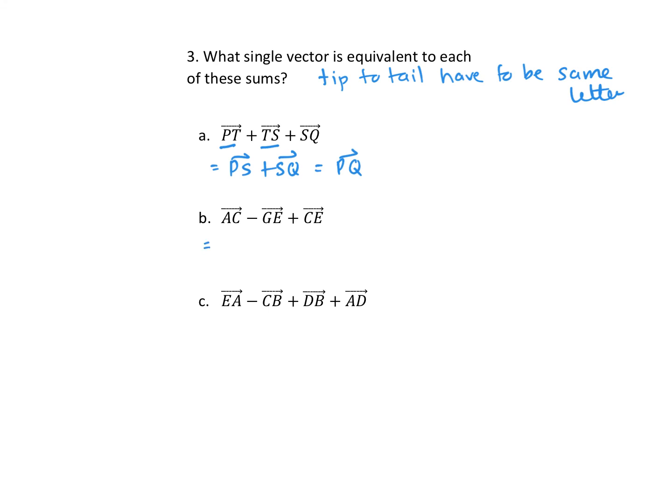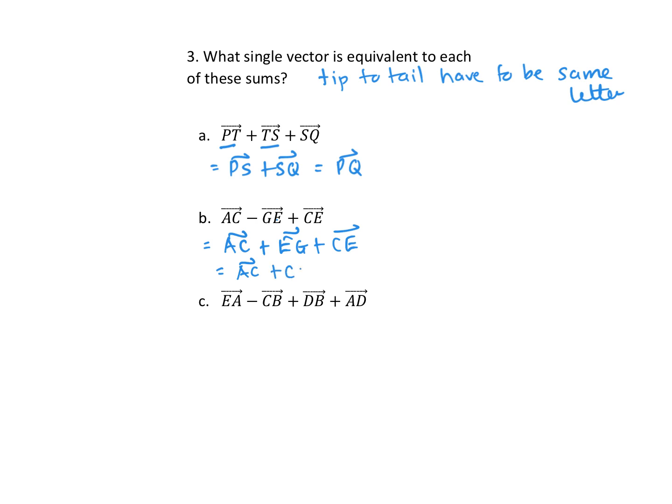If you have subtraction, you can change it around. Remember, we could add the opposite. So subtracting G to E would be the same as adding E to G. So I will do that first. So A to C and E to G I cannot add because the first one ends in C and the next one starts in E, but I can move things around. I don't have to do them in that order.